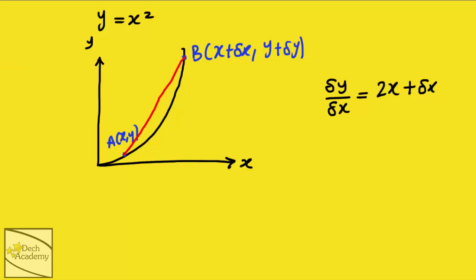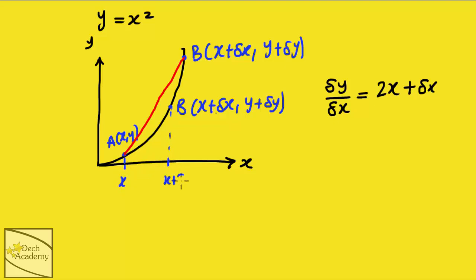Now, if this same point B was moved here, it would have the same coordinates. Let's imagine that this point never existed, and this is actually where I put point B. So this x coordinate just says, look, the x coordinate here is x, the x coordinate of this point here is x plus delta x, an increase in x.